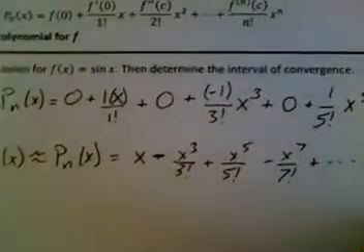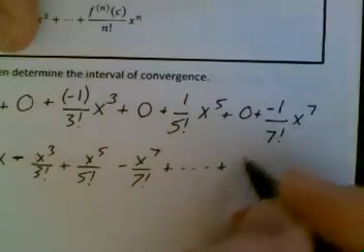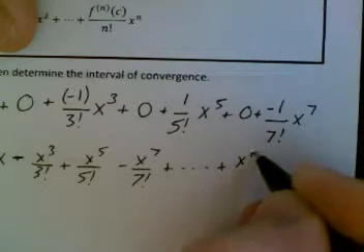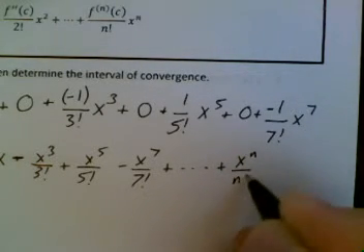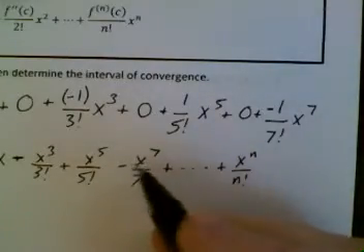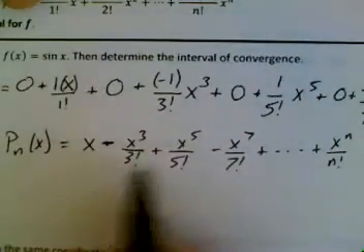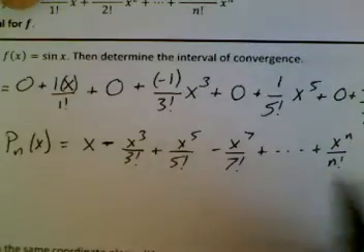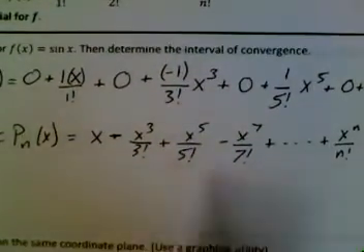This continues on forever, and you'll notice the pattern ends up being negative 1 to the n, x to the power, over n factorial. Keep in mind there's a negative 1 alternating symbol here. Every other term is plus, minus, plus, minus.